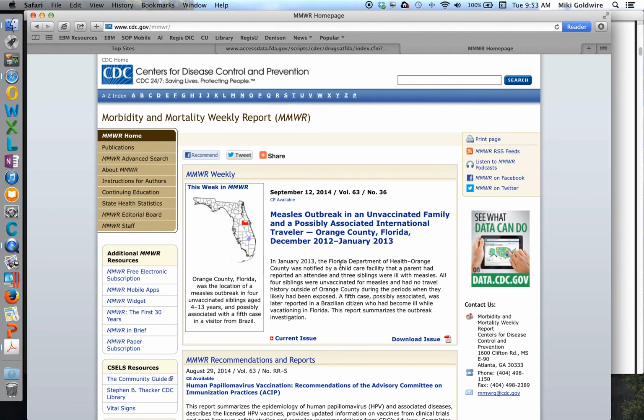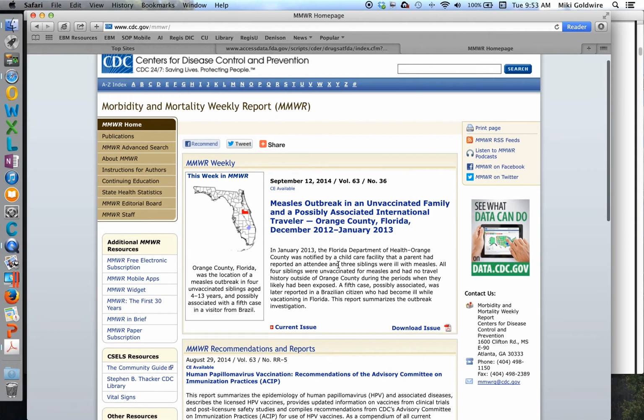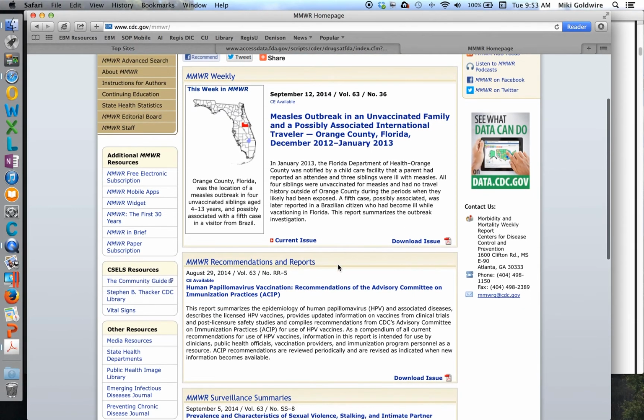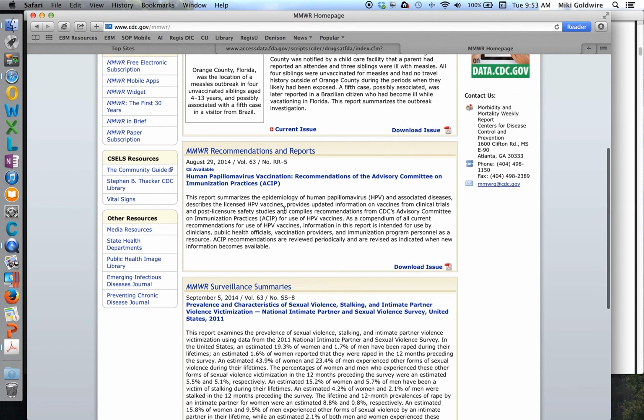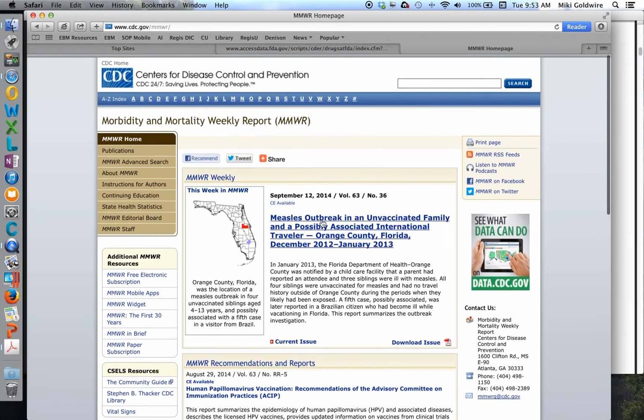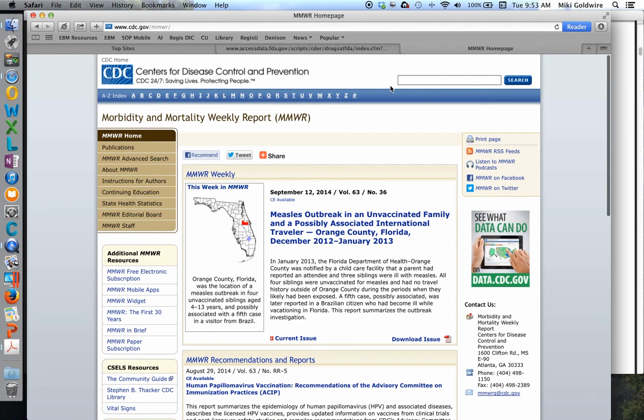So this is where you can find deaths, births, and similar information. So if you want the latest recommendations by the CDC's Advisory Committee on Immunization Practices, ACIP, I would definitely come to the MMWR, and you can use the search feature to search information there.